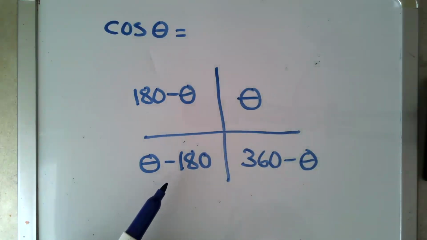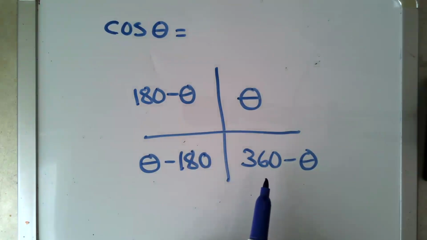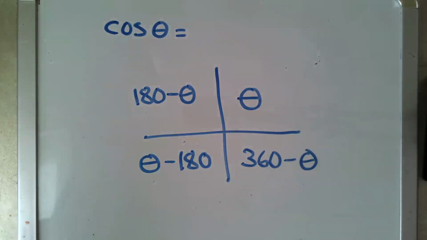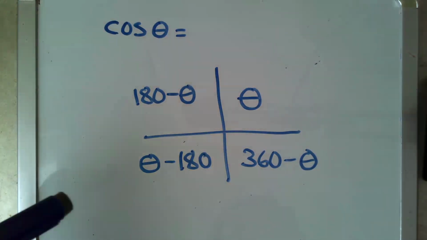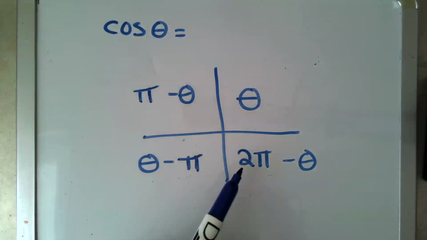In the third quadrant, your theta minus 180 gets you your reference angle. And in your fourth quadrant, as we just did, 360 minus theta gets you your reference angle. Okay, what if that's in radians, not degrees? Easy peasy. Just substitute pi for 180 and 2 pi for 360.